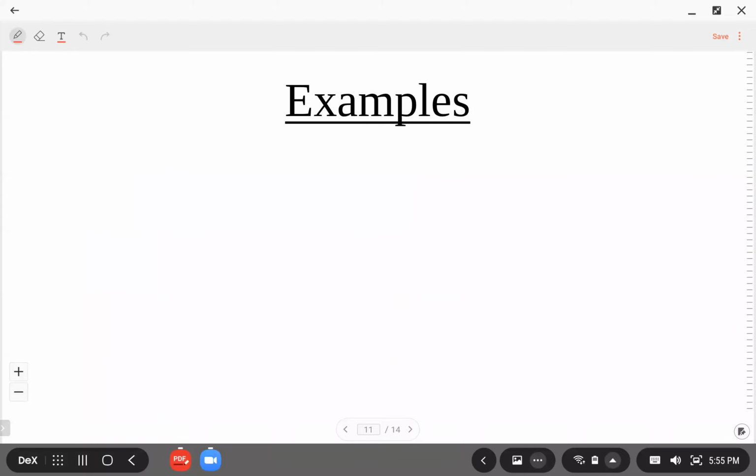And examples. I need to think of some on the spot. Let me introduce what you do if you have two terms here.